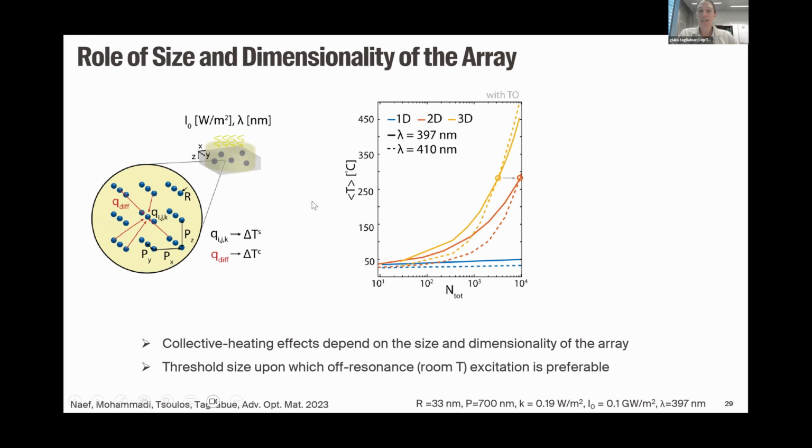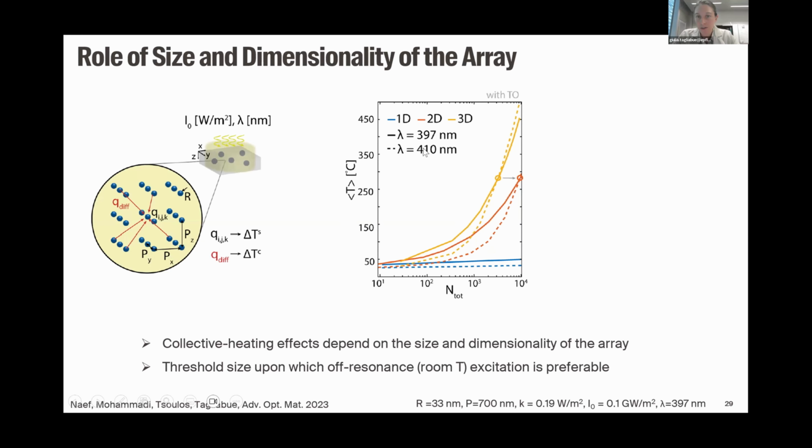And then I start illuminating them, and I increase the number of particles, so I increase the amount of collective heating contribution in the system. And what one can see is that obviously in the 1D, the collective heating is less efficient because the particles go further and further from each other. But in the 2D and 3D, we can see that the average temperature of the system rises very rapidly with the number of particles.